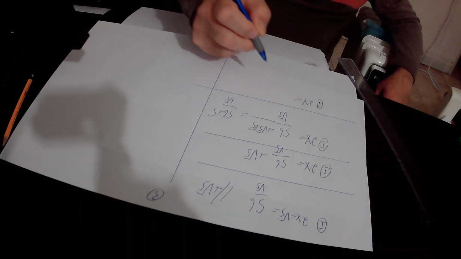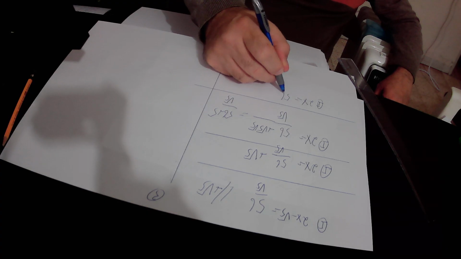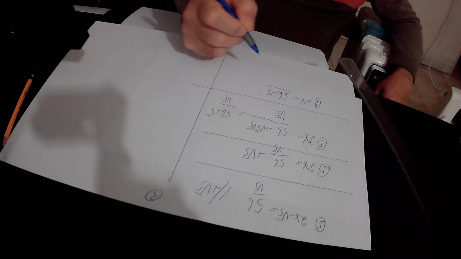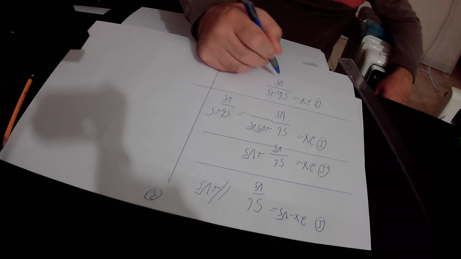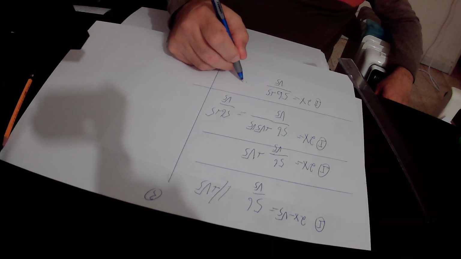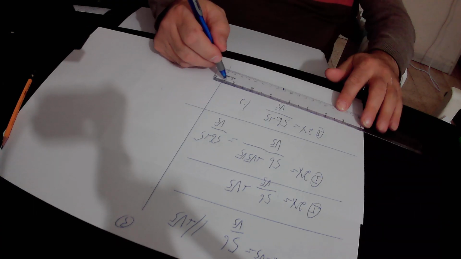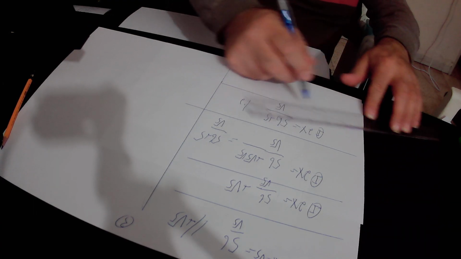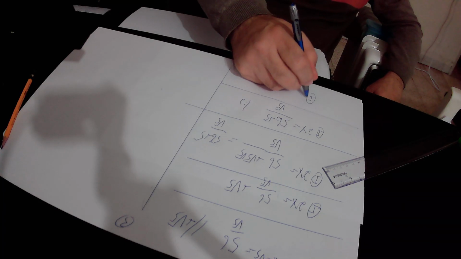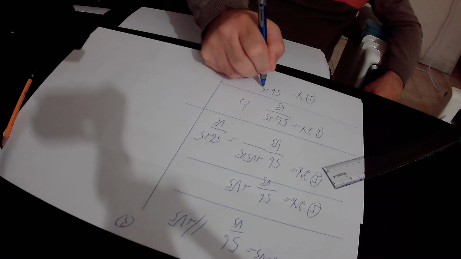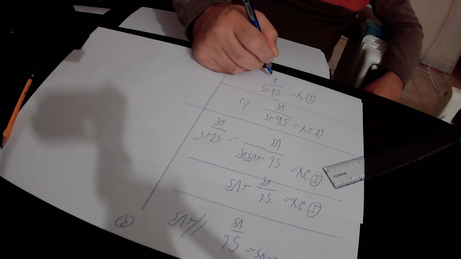Here we divide this equation by 2, and finally we get that x, the radius that we are looking for, equals 5b plus 5 over 2 times square root of 5.